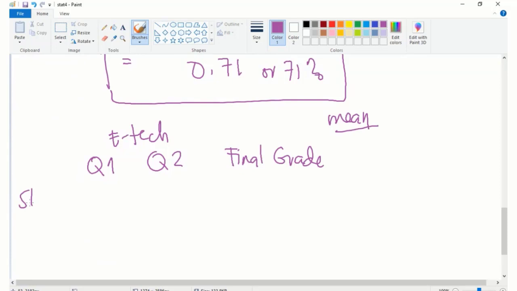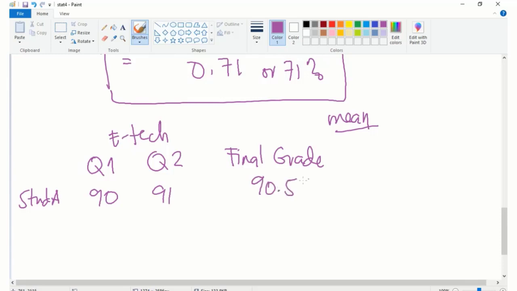So for example, if student A has 90 here and 91 here, so i-add mo yan and then divide by the number of elements. So 90 plus 91, di ko alam, 181, tama no? 181 divided by how many elements? 1, 2, so 2. So 181 over 2 is just 90.5.